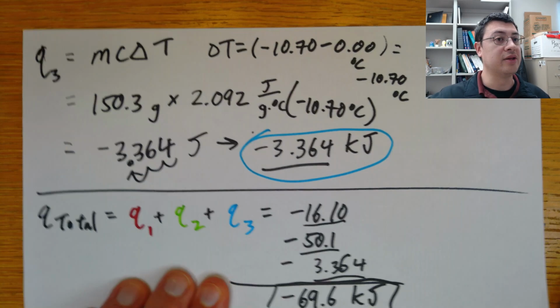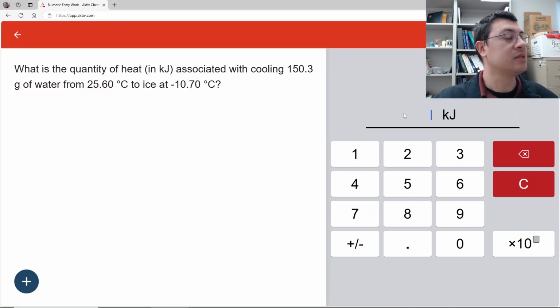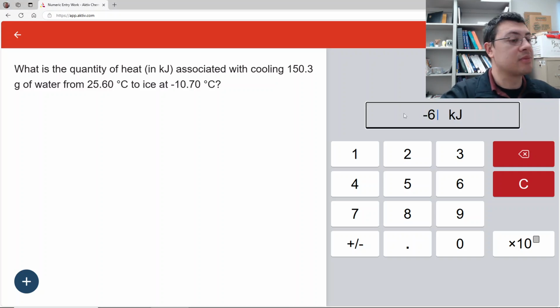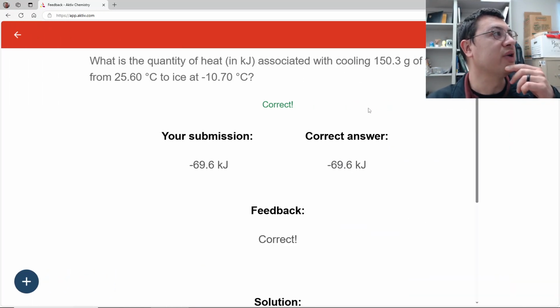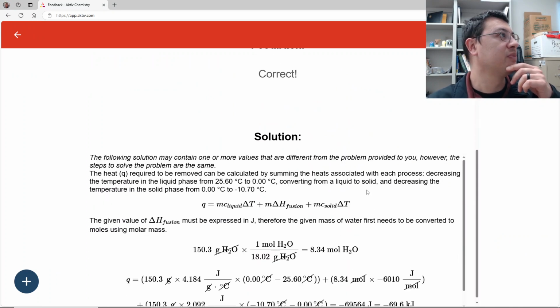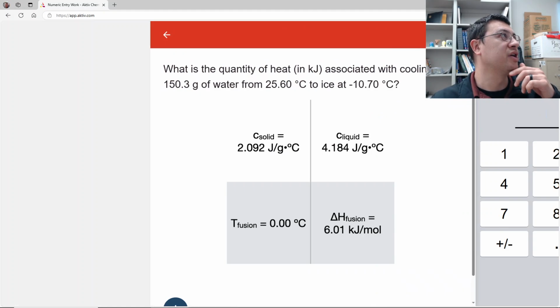Okay. All right, let's see if the app likes it. Sweet, and we even got the sig figs right. All right, so yeah, that's one way of approaching it.